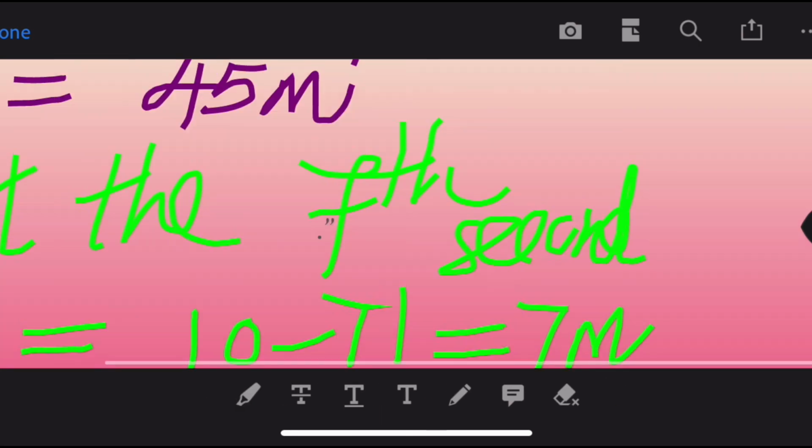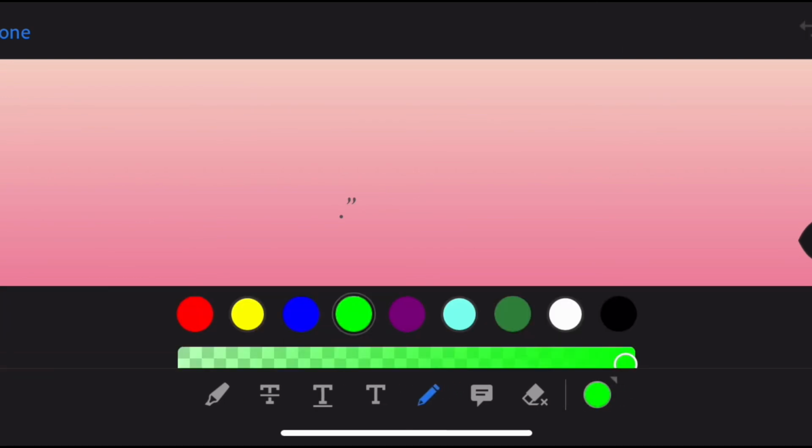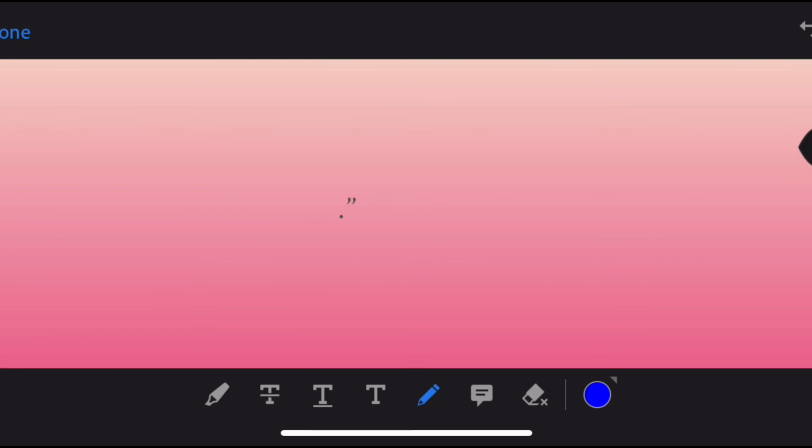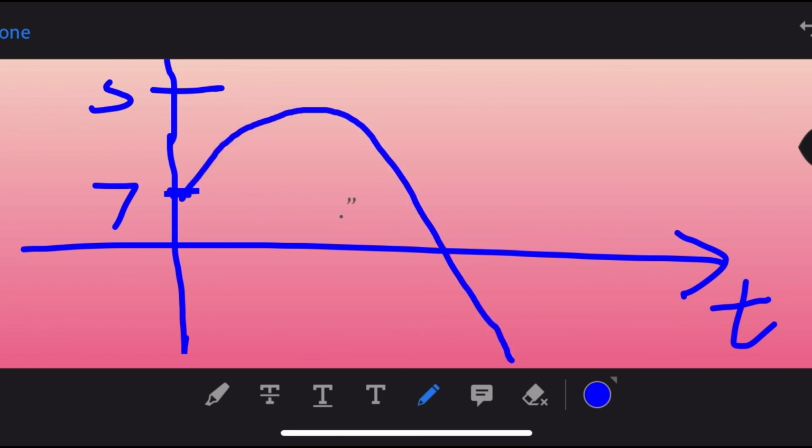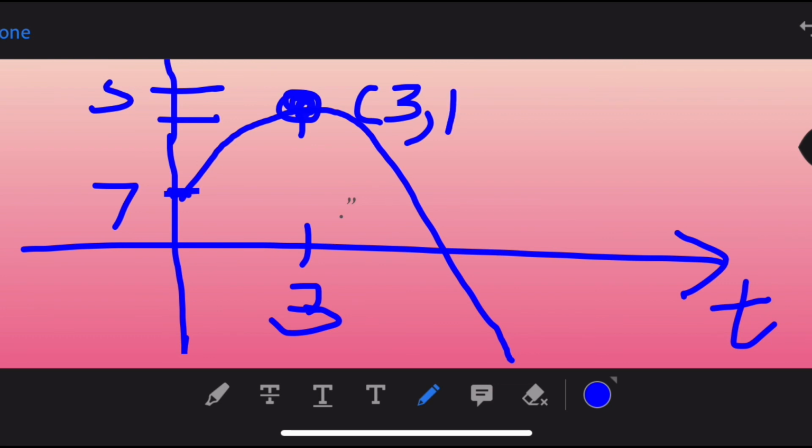Alright, maybe some of you would like to sketch a graph in terms of a quadratic function. It will be something like this. This is time and this is displacement. We start with 7 here, it will go to 16. The highest point is at 3 and 16, so you have to label in meter. This is 16 meter displacement, and this one is 7.